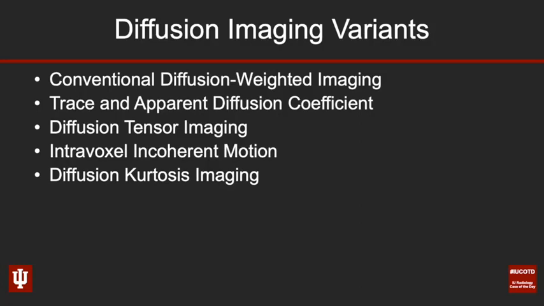There's thought to be some role for oncologic imaging, but that's still also largely in the investigative realm. So for the rest of this talk, we're going to focus mainly on the things that are widely applicable to current imaging, and that specifically involves trace and ADC, as well as diffusion tensor imaging parameters.